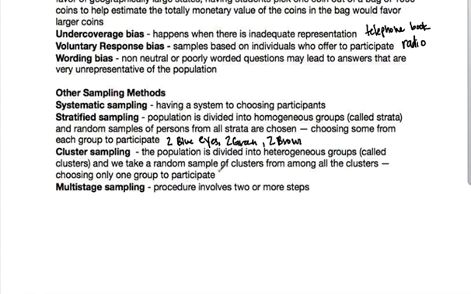In a cluster sample, it would be choosing from the blue eyes, the green eyes, or the brown eyes, so that you are only going to look at the people from the group that have brown eyes. And finally, multi-stage sampling just means that your procedure involves 2 or more steps.